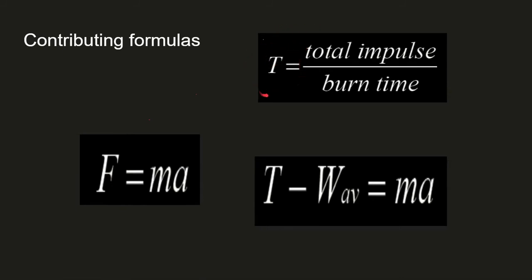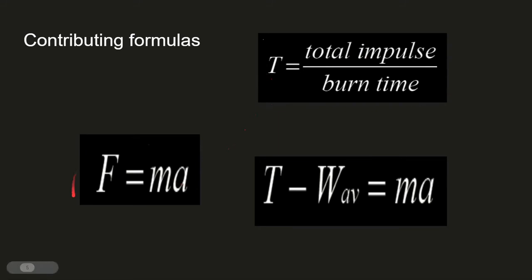Our thrust is a force, and it is the total impulse provided by the engine divided by the time that the engine burns producing thrust. Those are two specified values, usually on a specification table from the rocket engine manufacturer. From these two values, we can calculate the thrust.